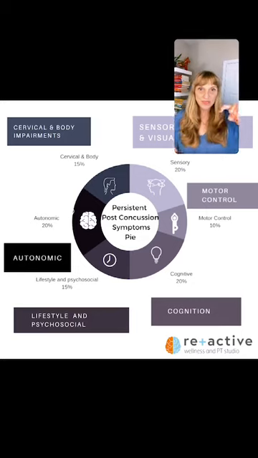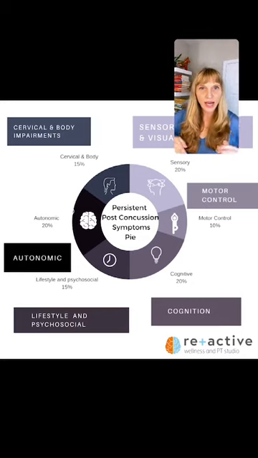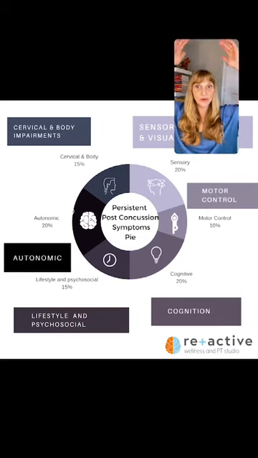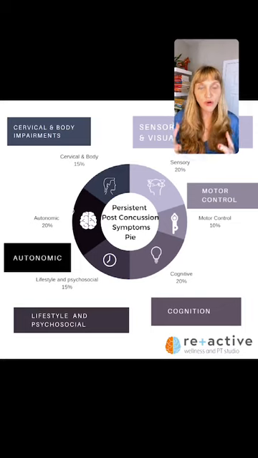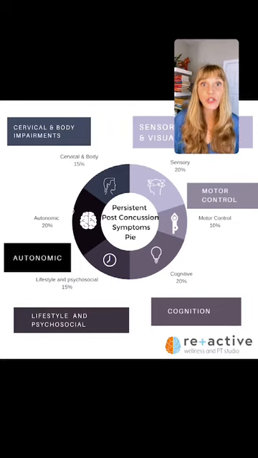Motor control. So you'll see in the second little picture, we got somebody doing a little tree pose, one of my favorites. And that's not because motor control is about yoga, but a big piece of motor control that gets disturbed in a brain injury is balance, is postural responses, both anticipatory and reactive postural responses.